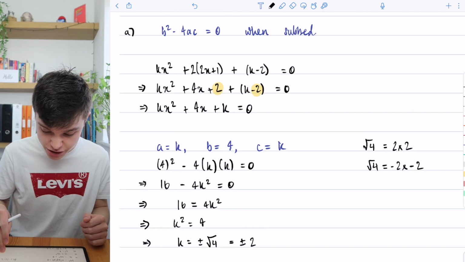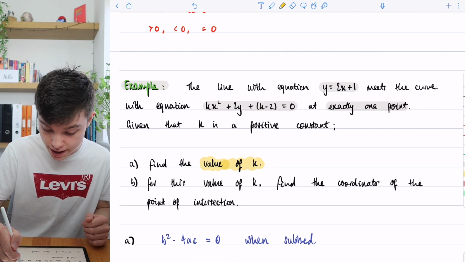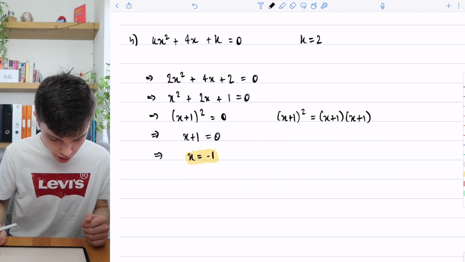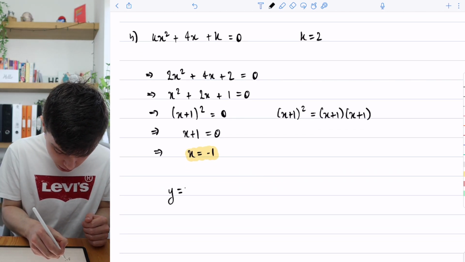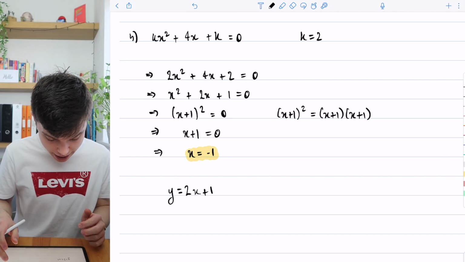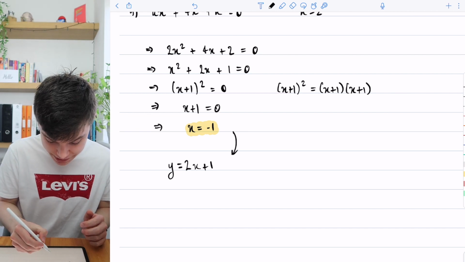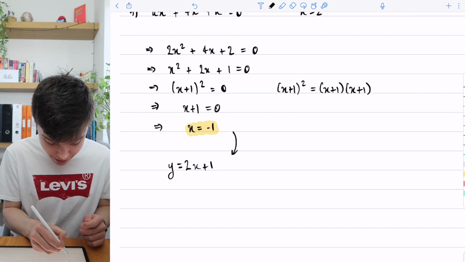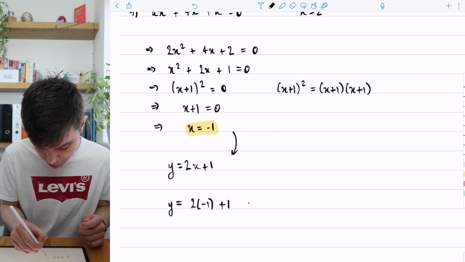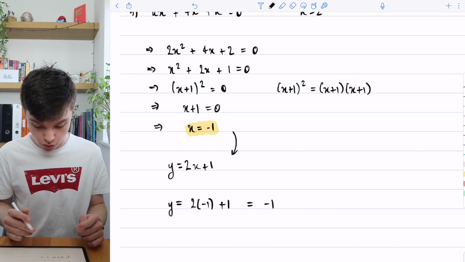So all I need to do is substitute, and I'm going to substitute it into my straight line. Okay, so y is equal to 2x plus 1, I believe. Yes, it is. And then if we substitute x equaling minus 1 into there, we'll have y is equal to 2 times minus 1 plus 1, which is minus 1.